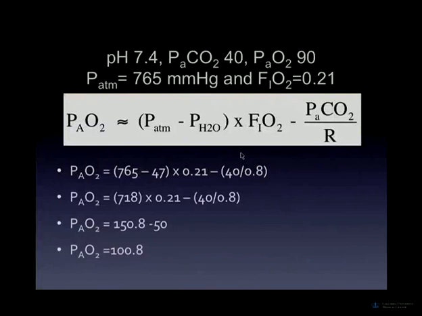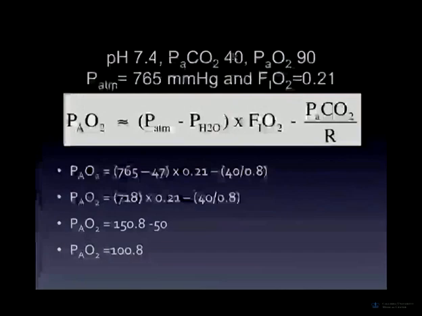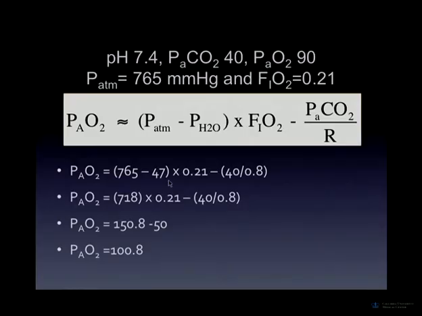So using our alveolar gas equation, which again you should firmly commit to memory, and our values of Alice's pH of 7.4, her PaCO2 of 40, and her PaO2 of 90, using atmospheric pressure of 765 millimeters of mercury, we just plug the numbers into the formula, and we find out that Alice has a PAO2 of 100.8 millimeters of mercury, which is a pretty normal PAO2, as we would expect, because she's healthy and has normal lungs.